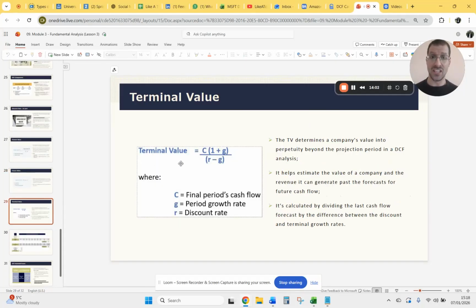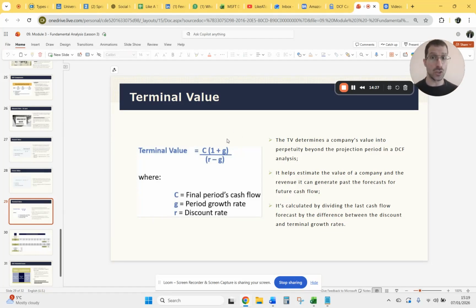Okay, and then we have the terminal value. So the TV determines a company's value into perpetuity, because we are doing a 10-year projection, but what happens after those 10 years? Does the company die? No. Many companies continue to grow at about the same rate that the economy does, which is usually around 2.5%.